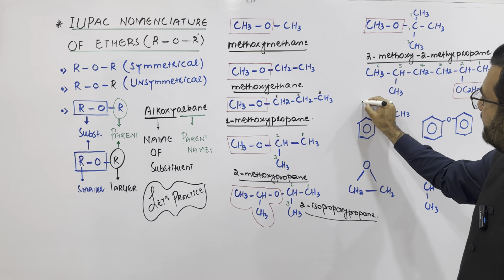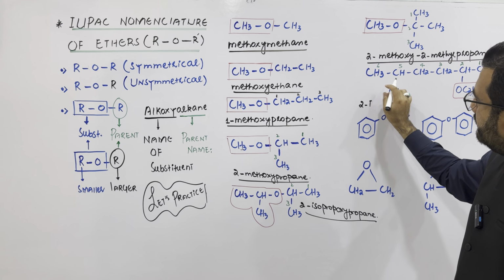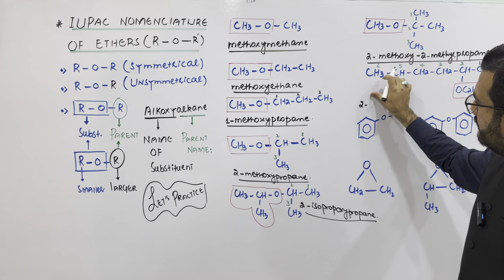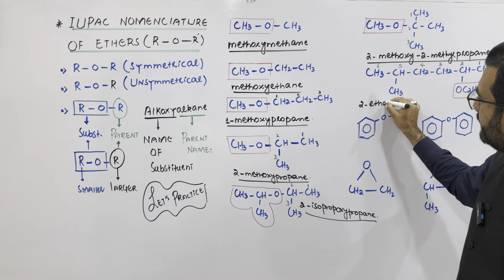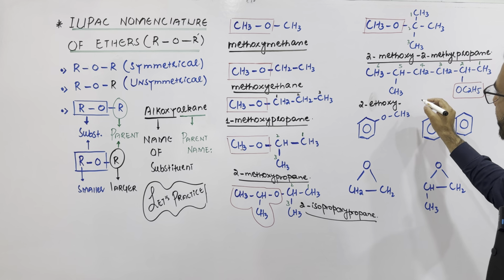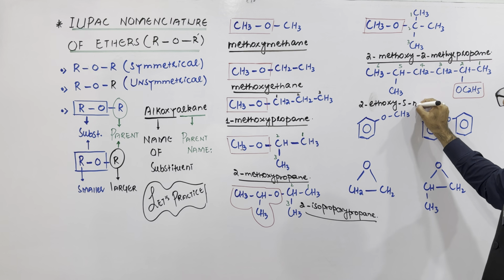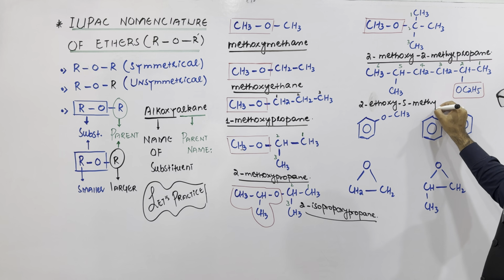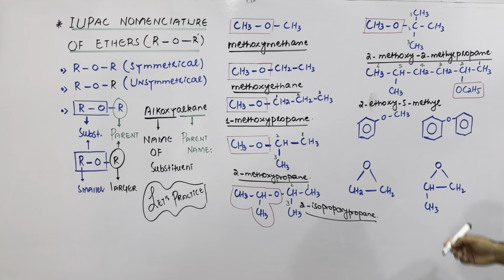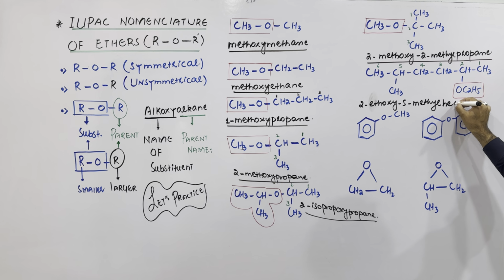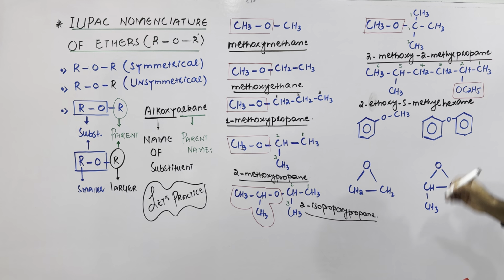It will be 2-ethoxy, 5-methyl, and the total number of carbon atoms in this chain, they are 6. So that will be hexane. So it will be 2-ethoxy-5-methylhexane.